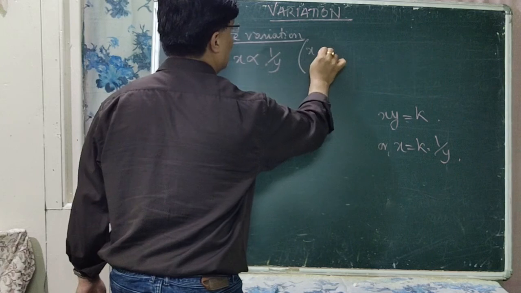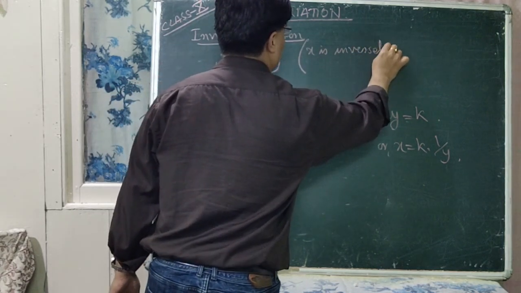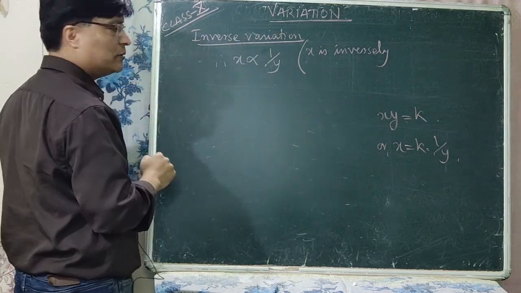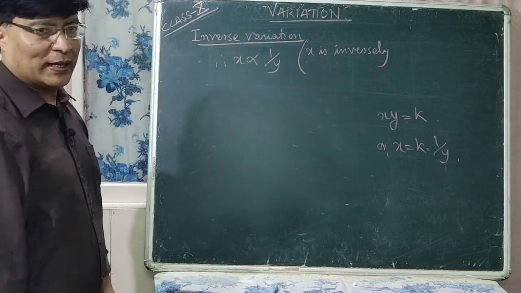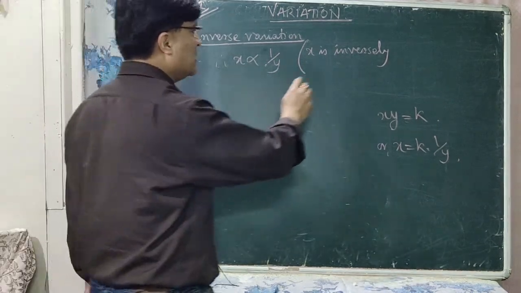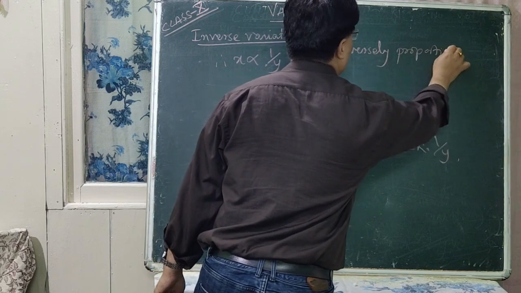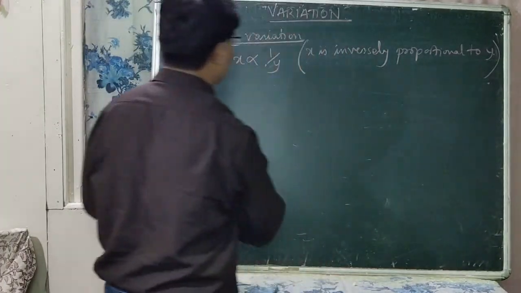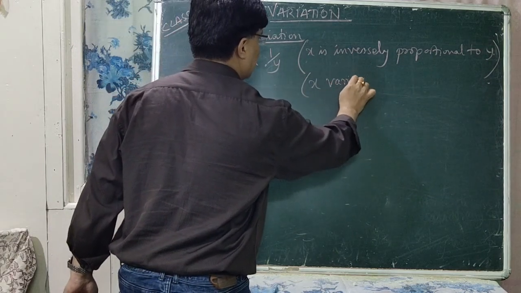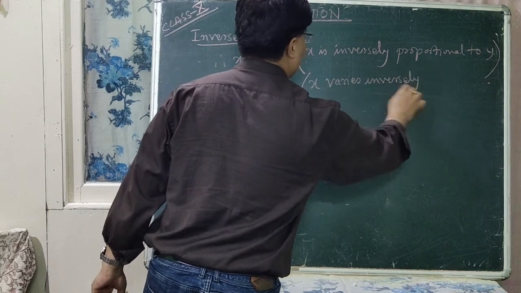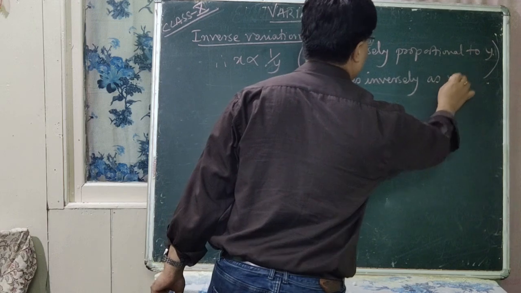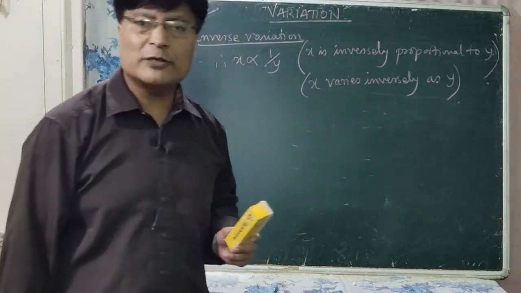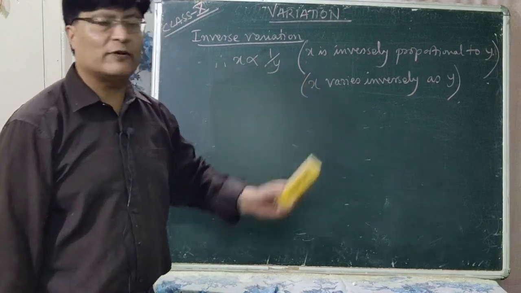त यसलाई पढ्दा हामी कसरी पढ्छौं, x is inversely proportional to y. यसलाई भन्छ इन्भर्स भेरिएसन. x is proportional to 1 upon y तर त्यसरी हामी पढ्दैनौं, यसलाई पढ्दा x is inversely proportional to y, or it may be read as x varies inversely as y, okay.